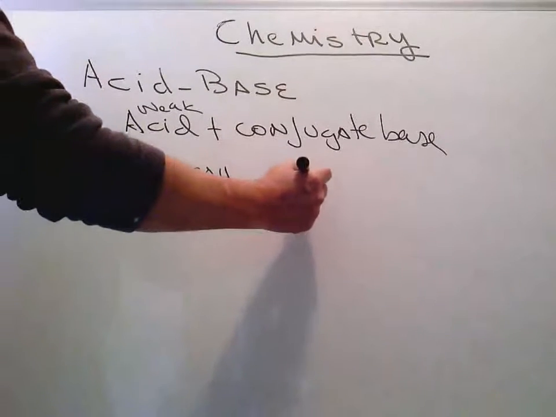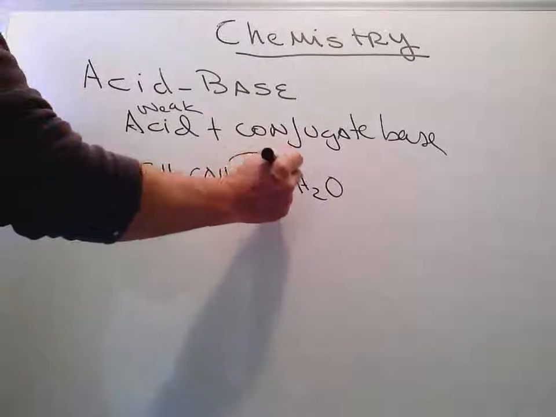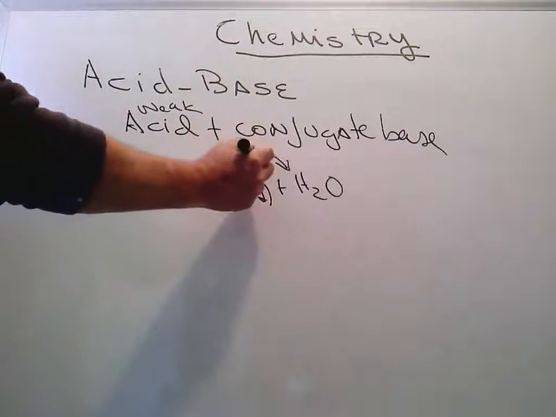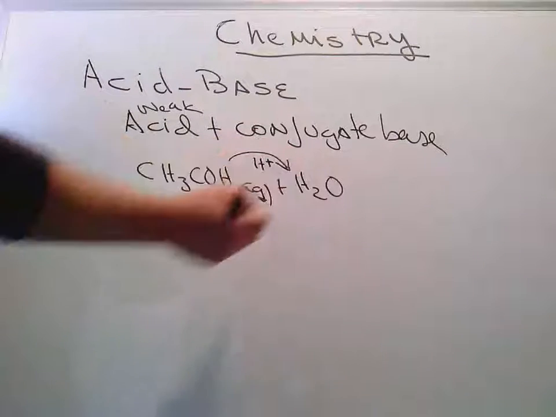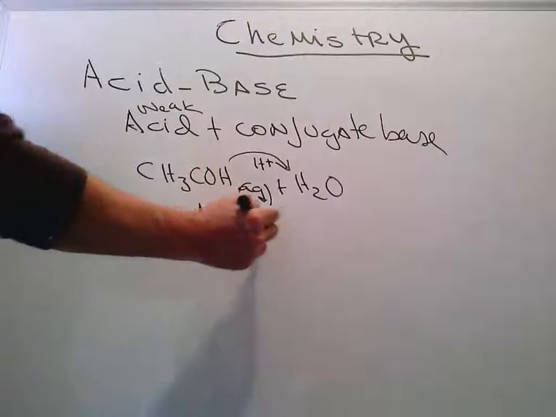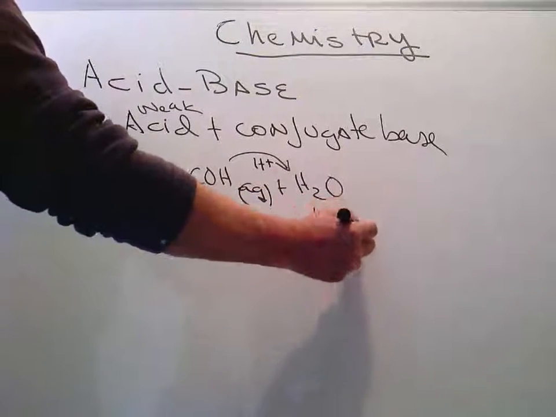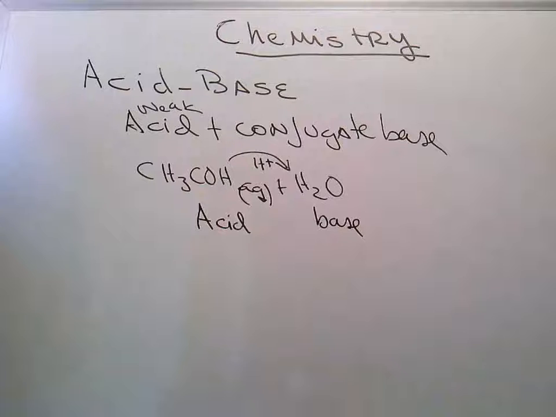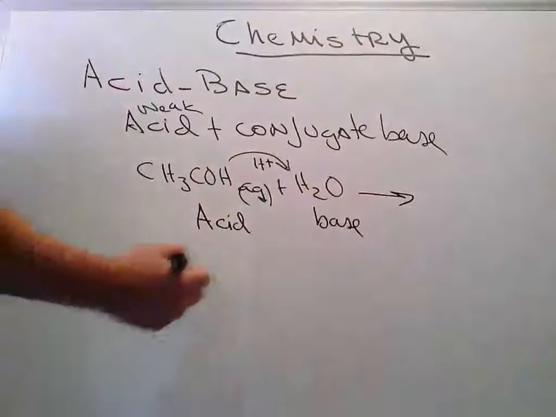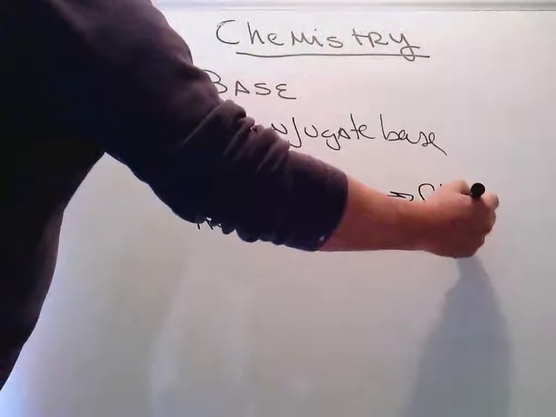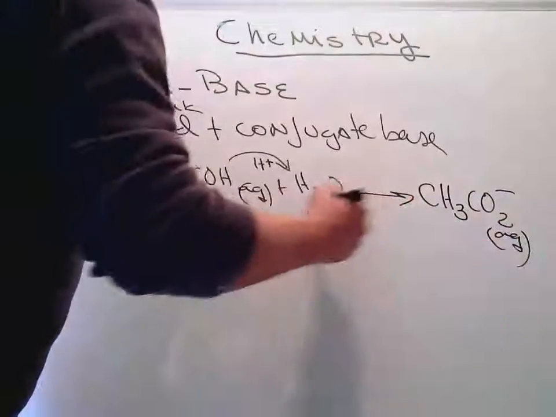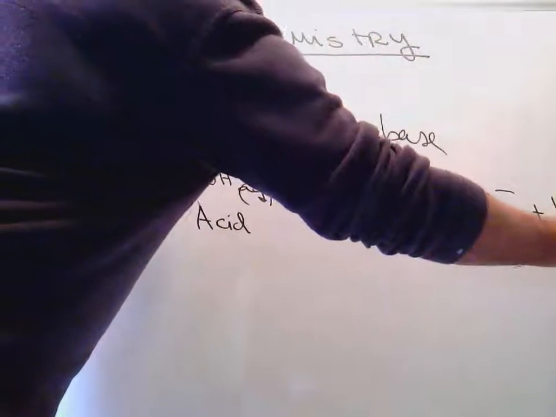Acetic acid in solution will act as an acid based on the Brønsted-Lowry definition, because it will give a proton to the water. So this is an acid, and this is a base because it's accepting a proton from the acetic acid. So this one will produce the acetate ion and the hydronium ion, this one here.